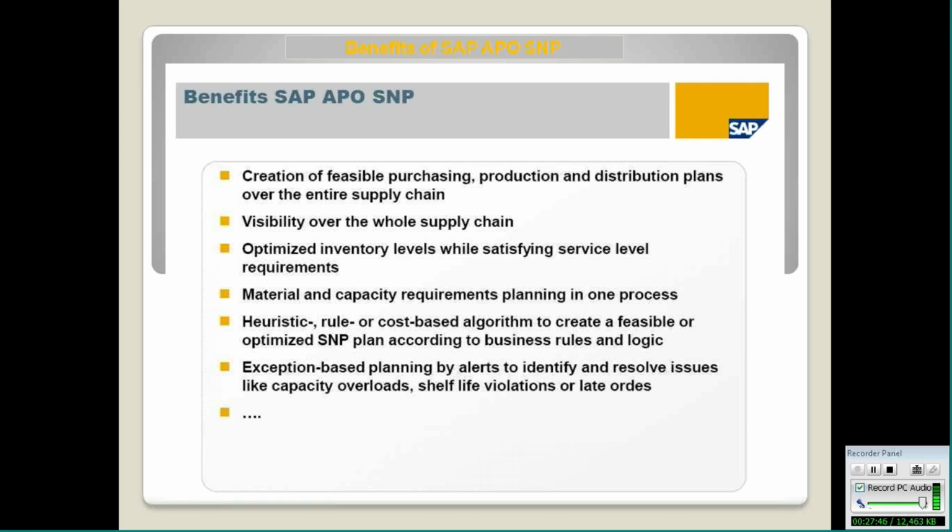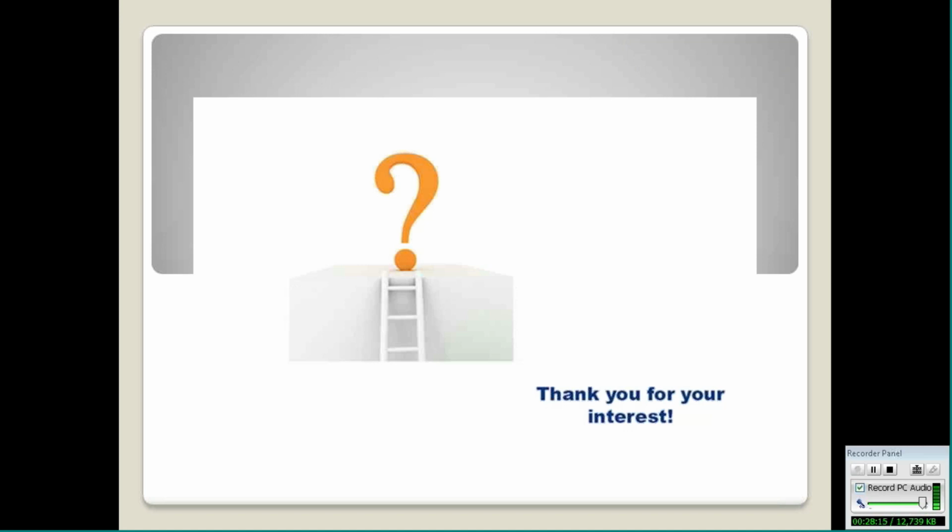We can do capacity leveling, and it is a real-time integration with planning, production, distribution and everything. Across the global level and cross-plant level, we can do the planning, optimize our inventory, and maintain the service level. Everything we can track in the system. So we have so many benefits from using this SNP.